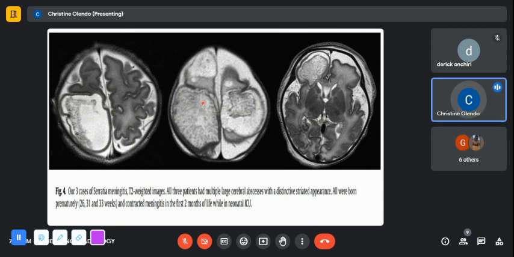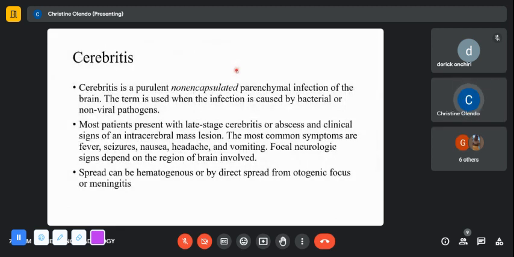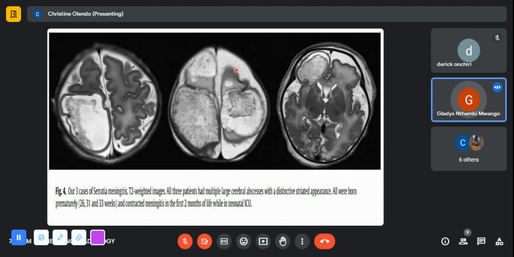We have the same abscess formation, bilateral in the parietal lobes and the frontal lobe, and also the same abscess formation in this patient at the frontal lobe. Same features: the center is hyperintense with a thin hypointense ring. And the preterms had subdural effusions, but you can also see the brain development.